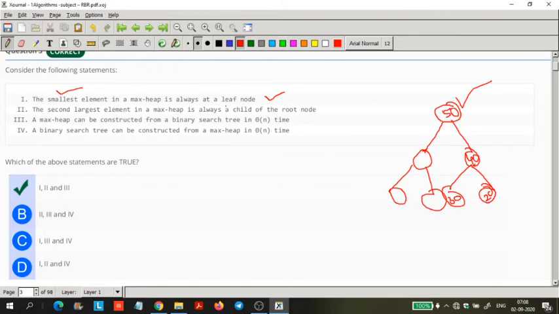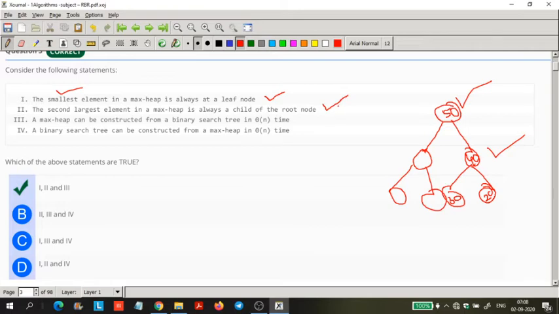The second largest element in a max heap is always a child of the root node.